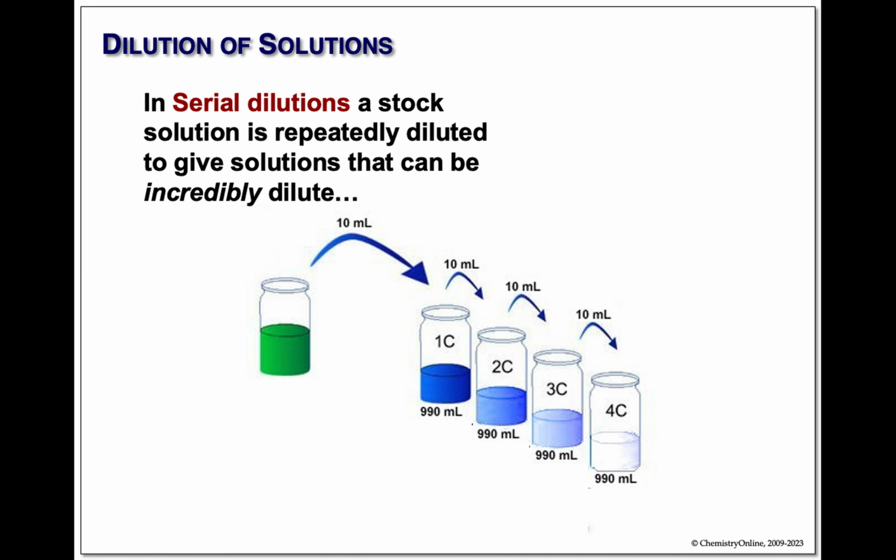It has been diluted another 100-fold. 10 mils again, another 100-fold. So this is 10 squared, 10 to the 4th, 10 to the 6th. So the concentration here is 1/1,000,000th of what it was here. You can't weigh that out. So doing a serial dilution, you can have a known concentration that's very, very dilute.